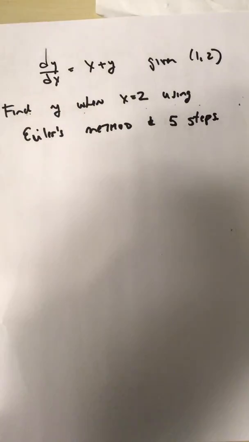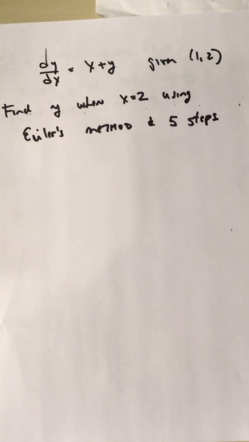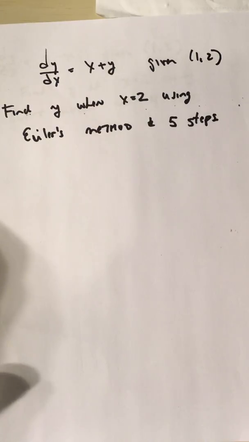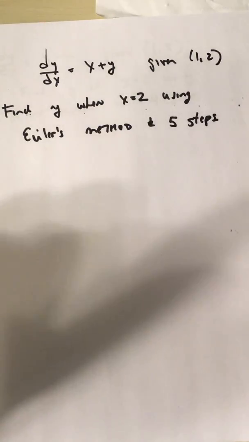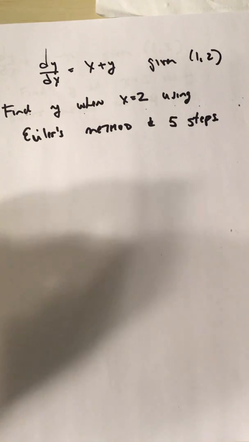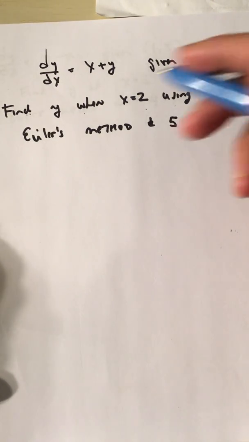All right, Euler's method. In Euler's method, we follow the following steps to essentially make a bunch of little tangent lines to get from 1 to 2. So I'm going to start off by making a table.